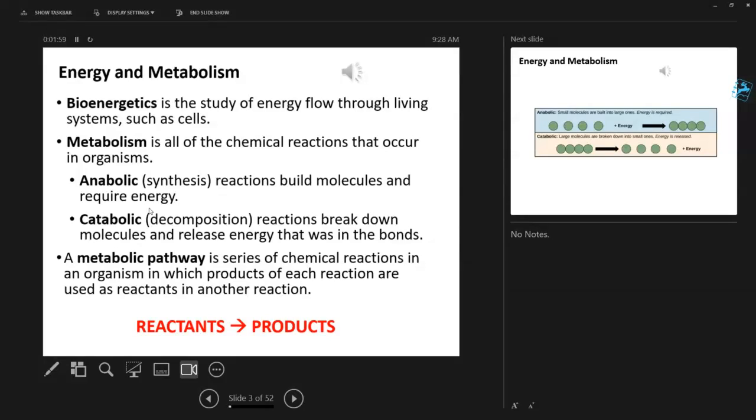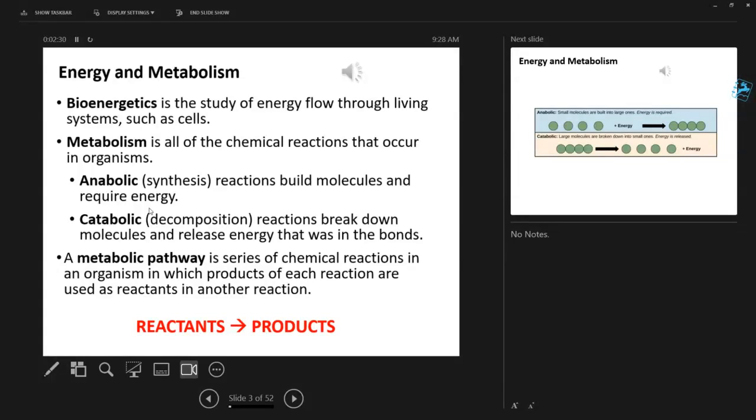So chemical reactions within your body that are making molecules, we call them anabolic reactions, or anabolism. In chemistry, decomposition means breaking molecules apart, and in biology, we call that catabolic. So catabolic reactions or catabolism, that's what's going on in your digestive system right now, breaking down food molecules into smaller ones.